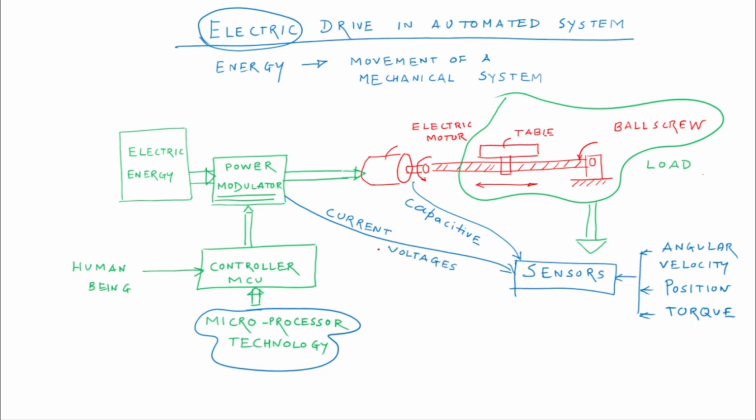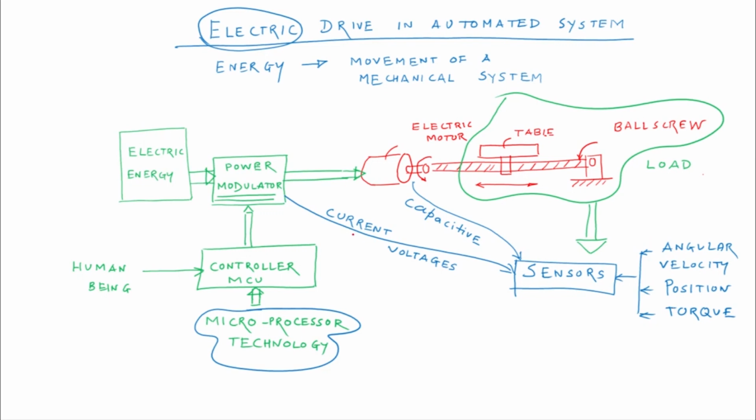So the meaning is that when a certain amount of current or potential difference is applied on the electric motor, it is desired to produce the required angular velocity, the required position of the table, the required generation of the torque.